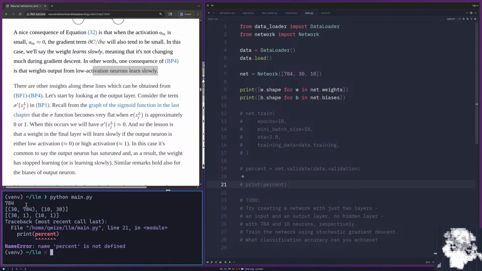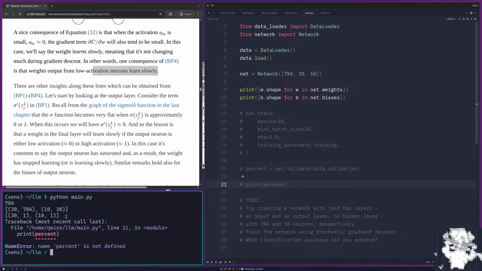30, 784. And 10, 30. That's not good. Then the biases 30 by 1 makes sense, and 10 by 1 makes sense.